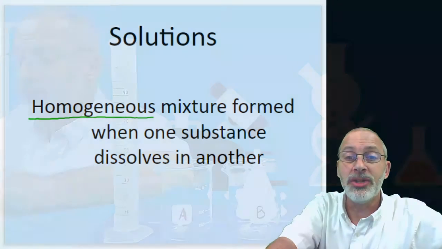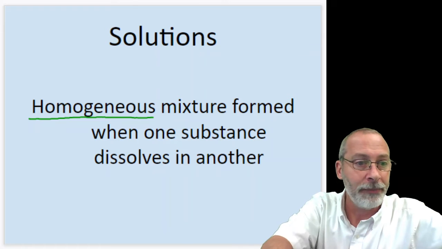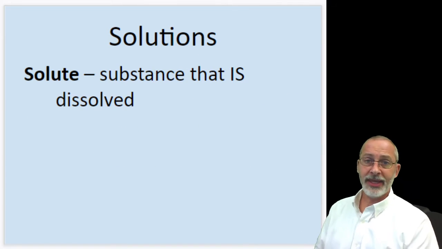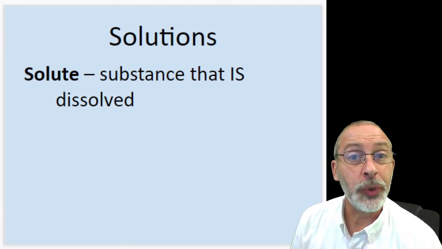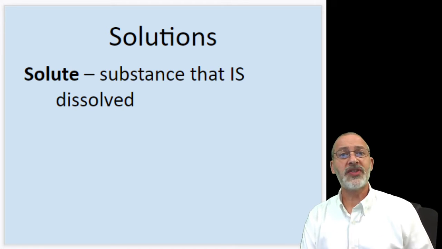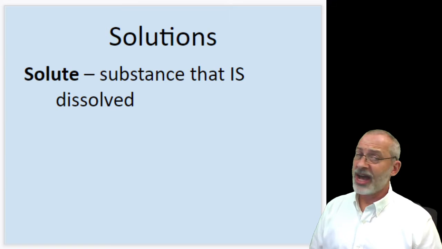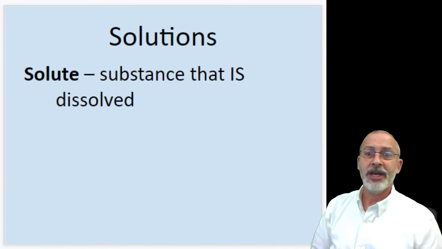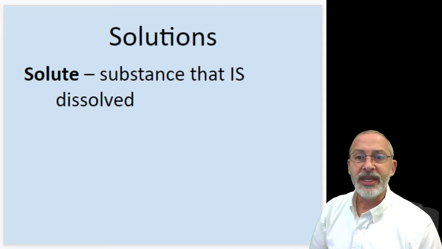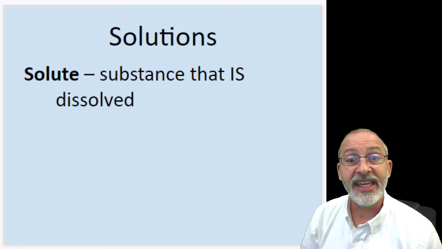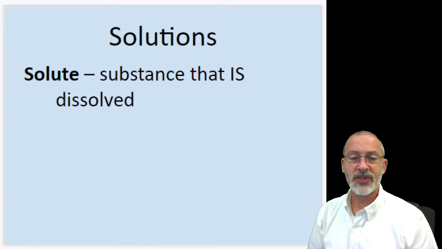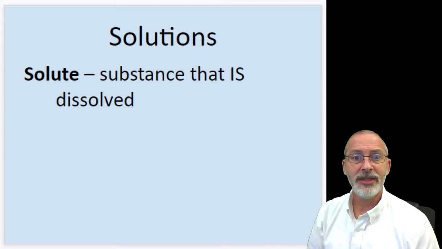So let's get right into the first one. Not that one. The first one of these terms, and that is a solute. A solute is not the same thing as a solvent. A solute is a substance that is dissolved. A solute is the substance that is dissolved.